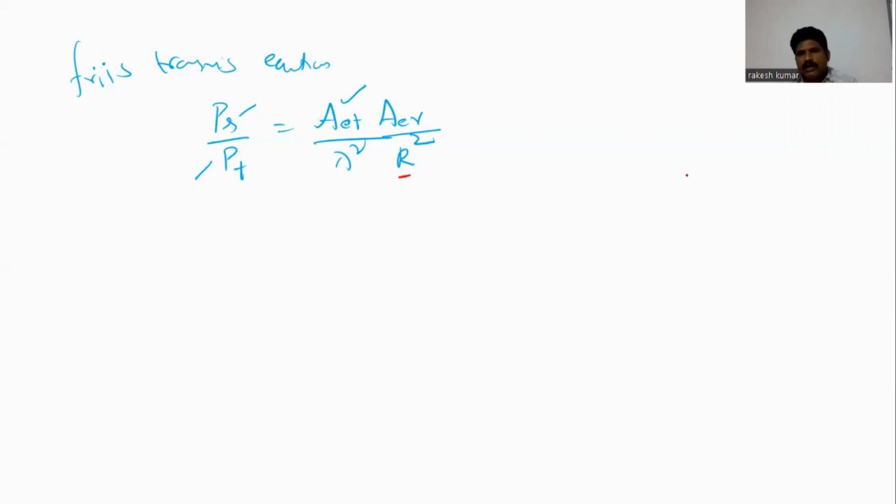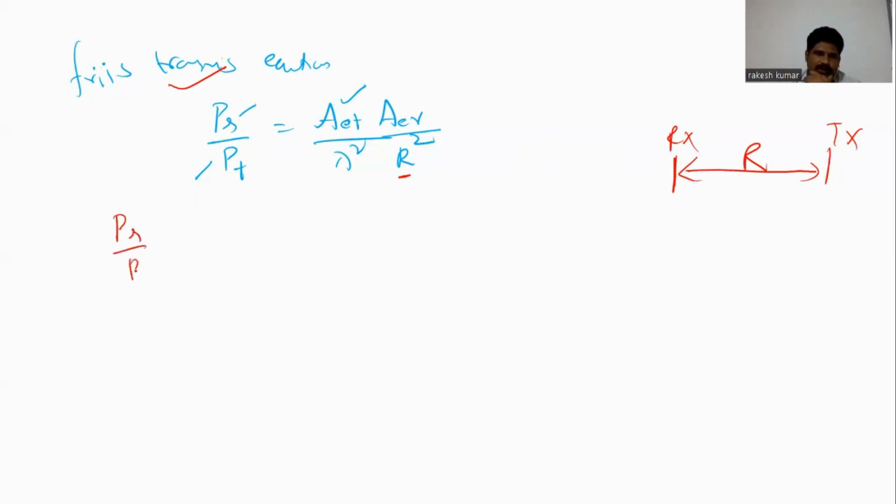What is R? R is the separation distance between the transmitting and receiving antenna. This is given by Friis, which gives the relationship between the amount of power received by the receiving antenna and the amount of power transmitted by the transmitting antenna in terms of the transmitting and receiving effective aperture areas.